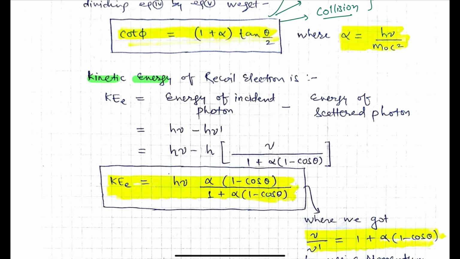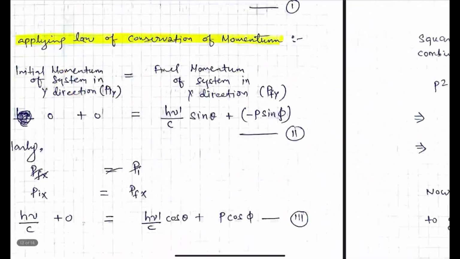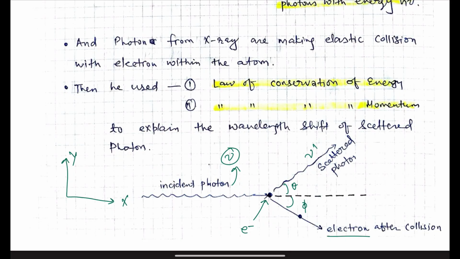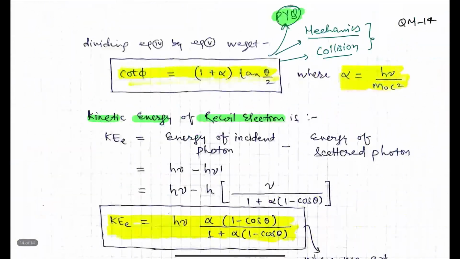Now we are going to find the kinetic energy of the recoil electron. So what happens when the incident photon is colliding with this electron is that the electron is going to get recoiled in some particular direction at angle psi with respect to the incident direction. So we are going to find it.